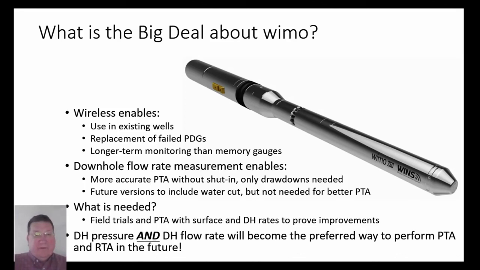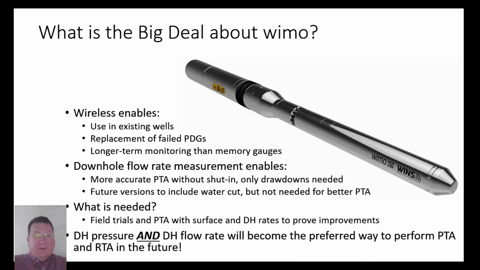That's a big deal. Future versions of the WEMO tool will also include water cut, but that capability is not even needed to understand all the trends for PTA, and I have some papers about that I can share. So what is needed? All we need are more field trials and a test with PTA where we're measuring both surface and downhole rates so we can compare the analysis in the two scenarios.